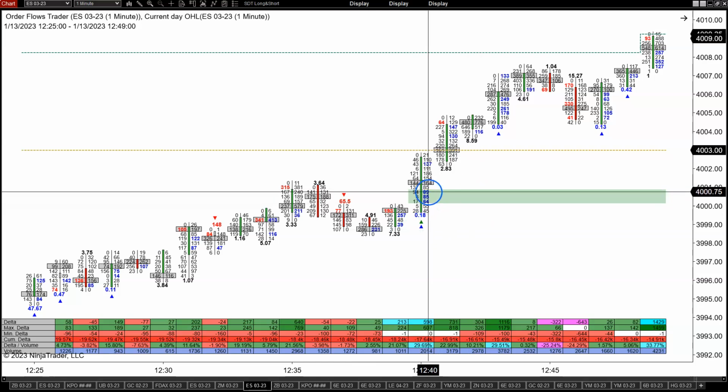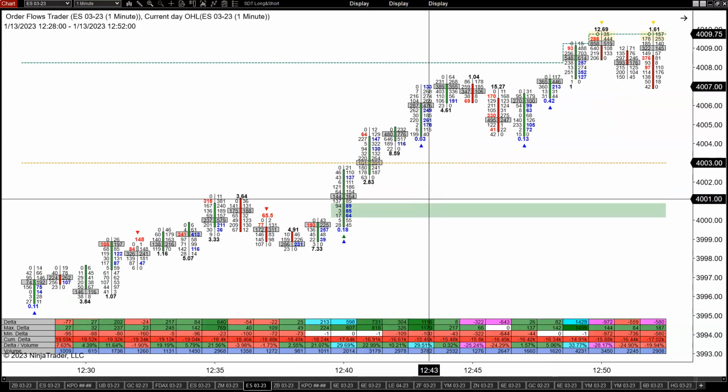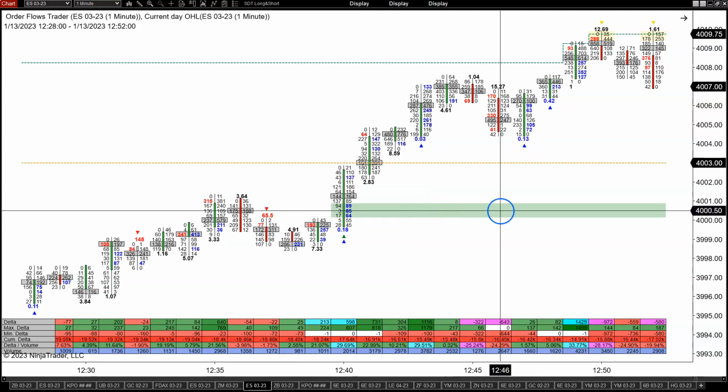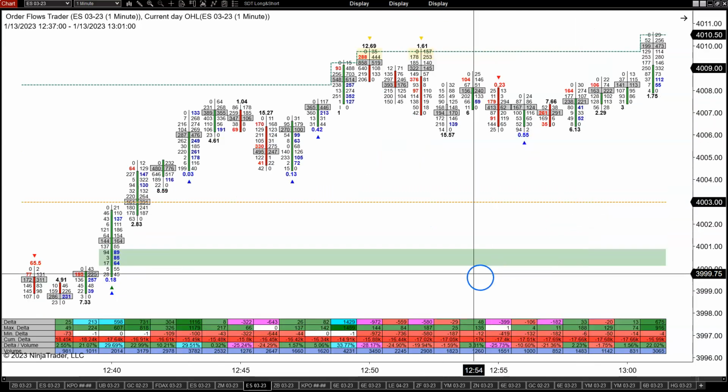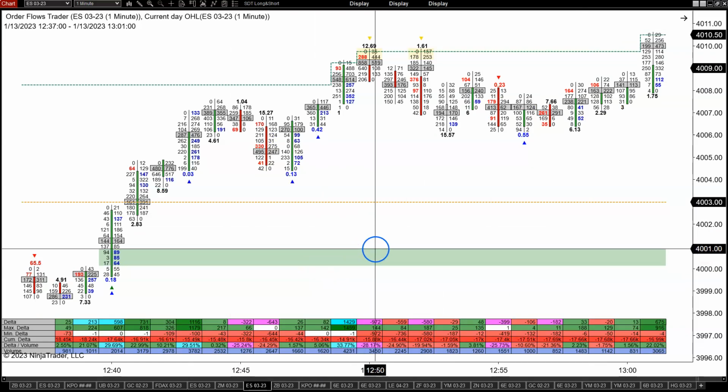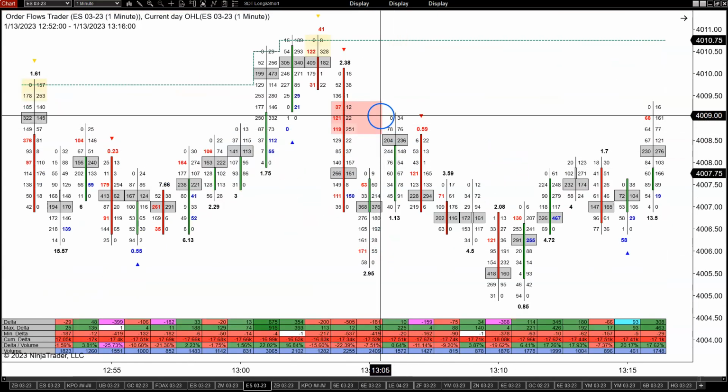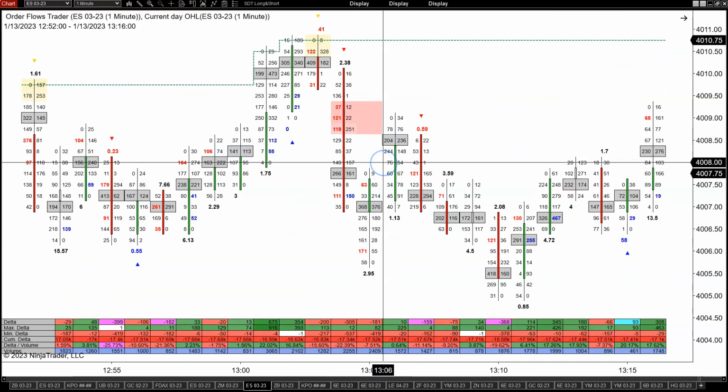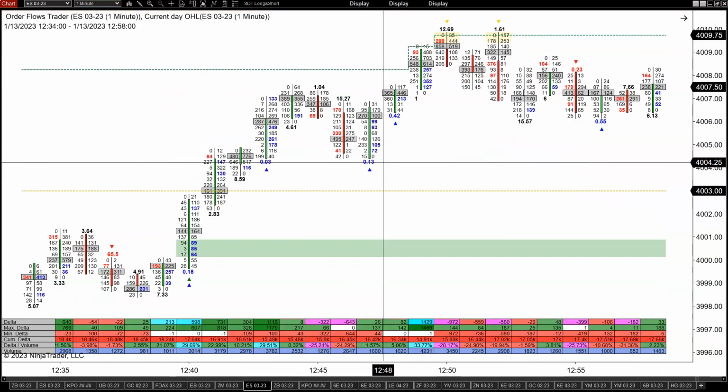You can see here's a stacked buying imbalance. And in software like my Orderflows Trader software, you have the option to draw it out, because you'd be looking at it as support if it's a stacked buying imbalance, or a resistance area if it is a stacked selling imbalance. All right, so that's just the basics, and most order flow traders are already familiar with that.